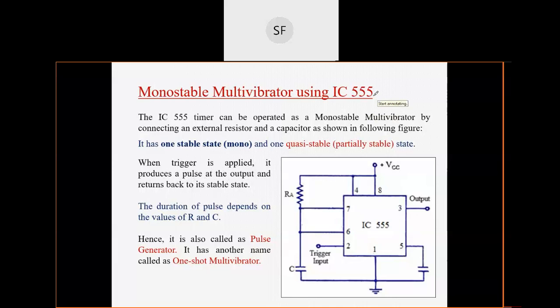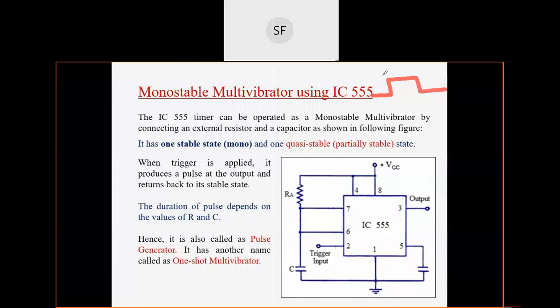Pulse is nothing but this pulse. It produces a pulse at the output and returns back to its stable state.